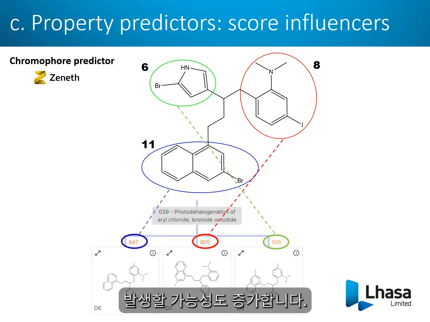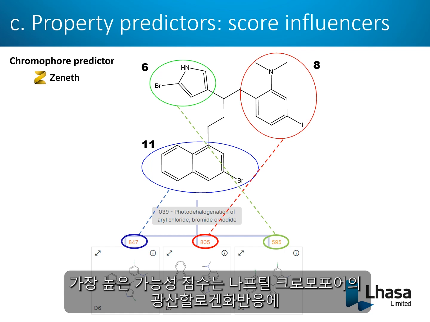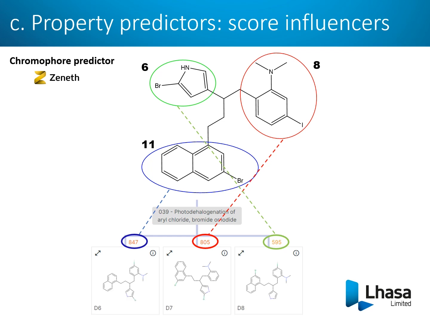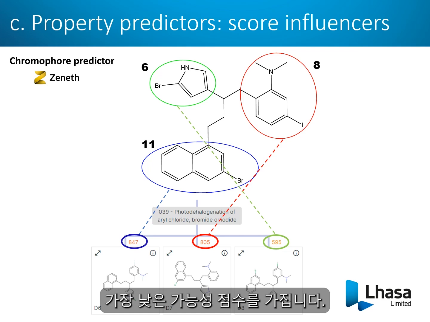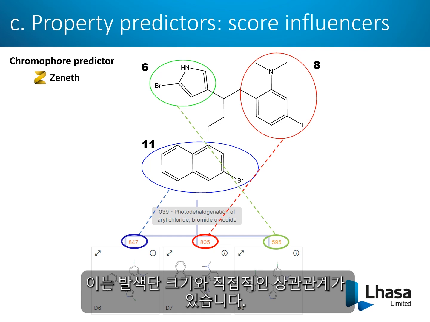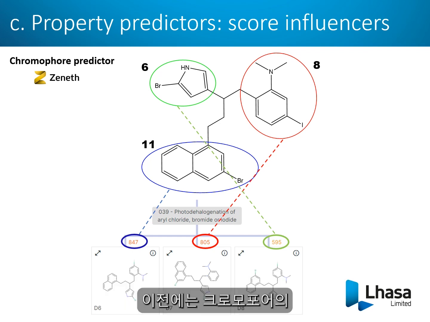The highest likelihood score correlates to the photodehalogenation of the naphthyl chromophore, followed by the anisole fragment, and finally the pyrrole possessing the lowest likelihood score. This directly correlates to chromophore size. Previously, all three of these chromophores would have been given the same likelihood score, since we didn't have a way to account for the size of the chromophore present.